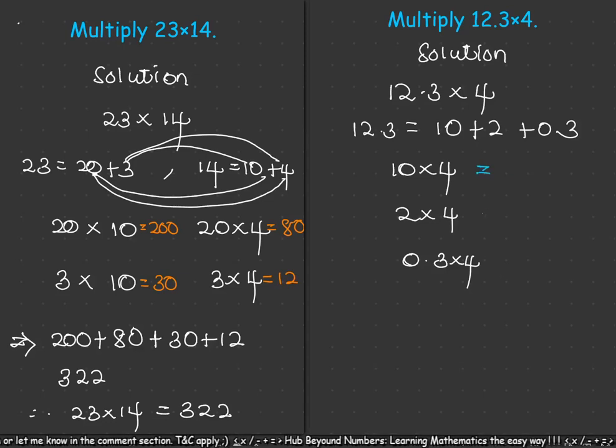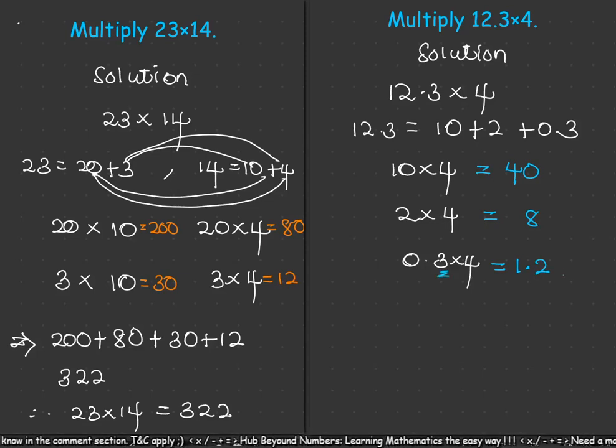Evaluating all that, we have 10 times 4 giving us 40, 2 times 4 giving us 8, and 0.3 times 4 giving us 1.2. You know 3 times 4 is 12, and there is just one decimal place, so we get 1.2 here.